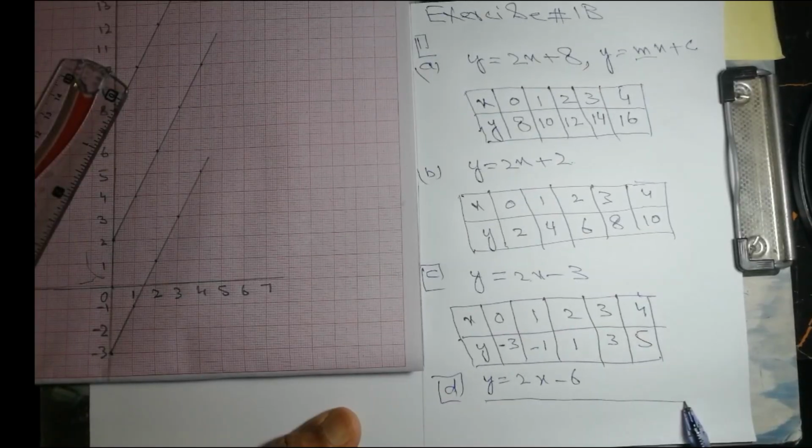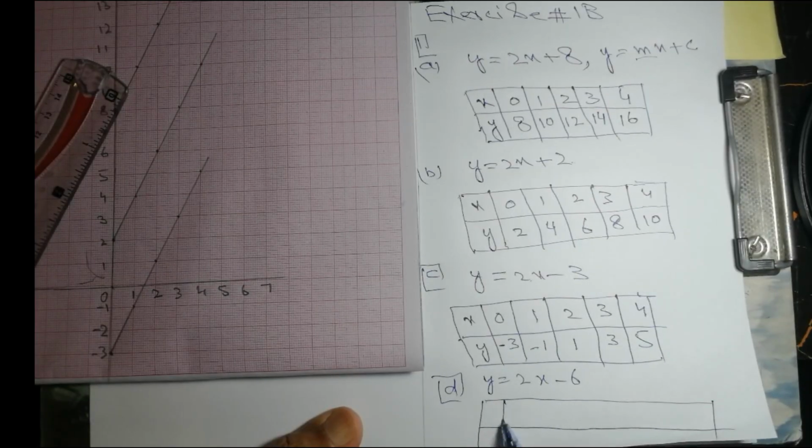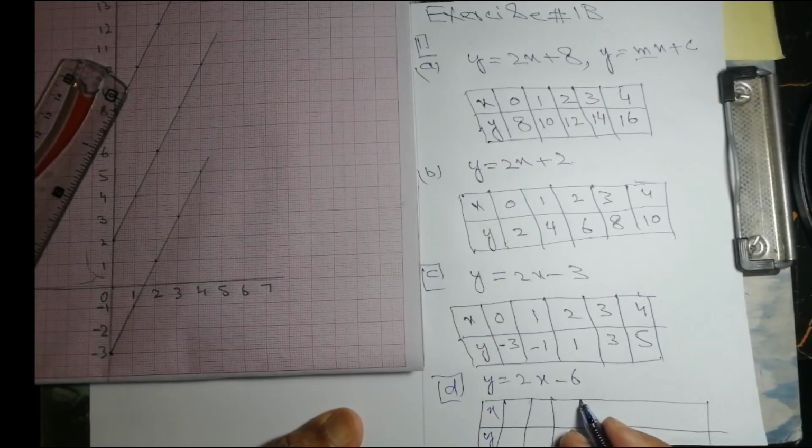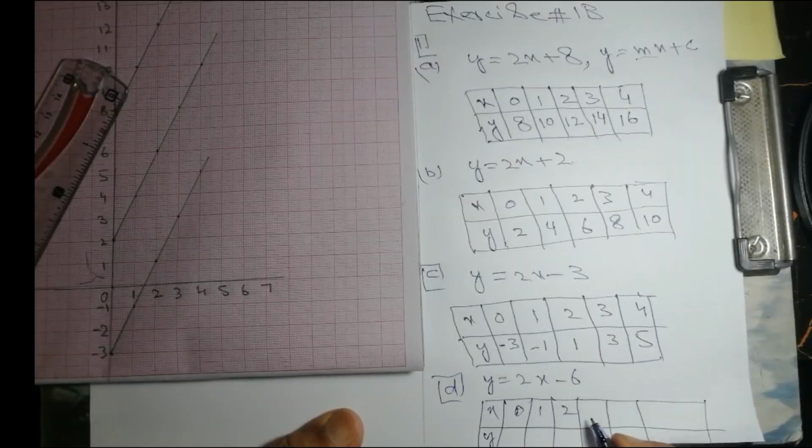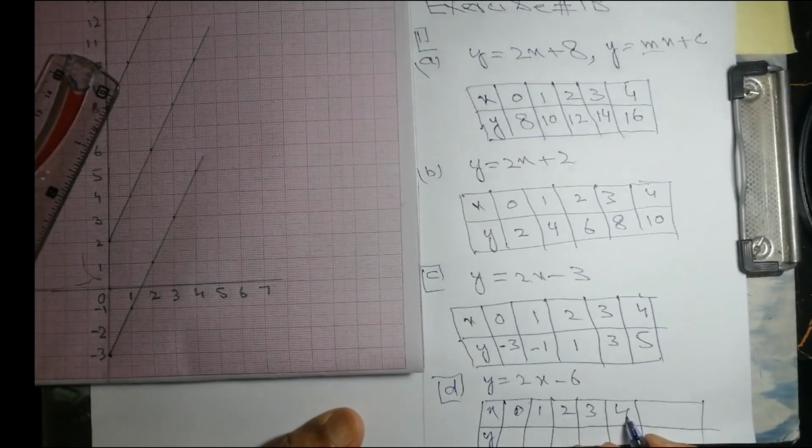So make the table like before. This is x, this will be y. 0, 1, 2, 3, 4.